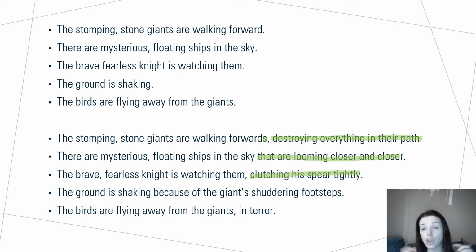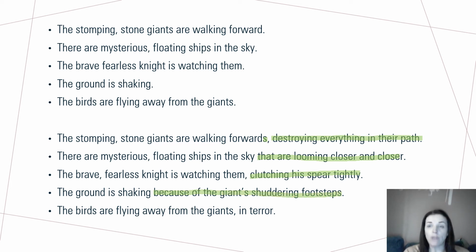Okay. So this next one, the ground is shaking. Now that was a really short sentence that I wrote. I really liked that one, but I wanted to explain why the ground was shaking. What was it about this picture? What was it that was happening that was making the ground shake? I didn't think that I'd explained that very well. So the ground is shaking because of the giant's shuddering footsteps.